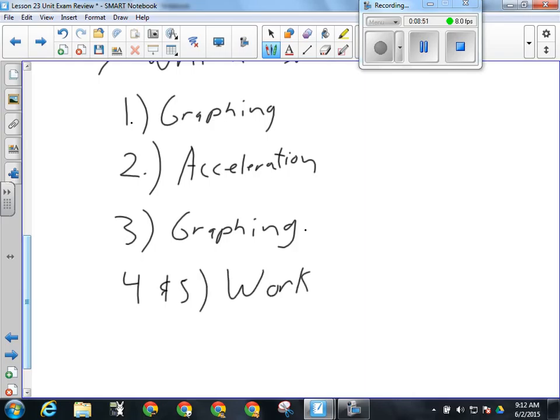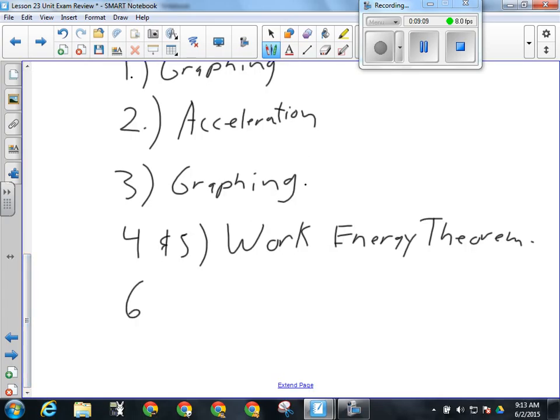I told you this yesterday. There were 2 work energy theorem problems. Number 6, the law of conservation of energy.